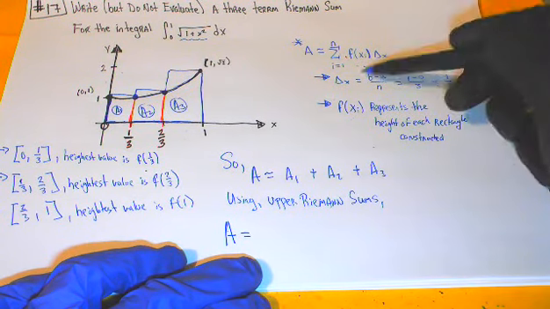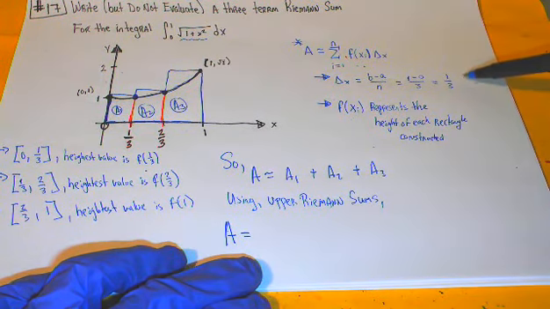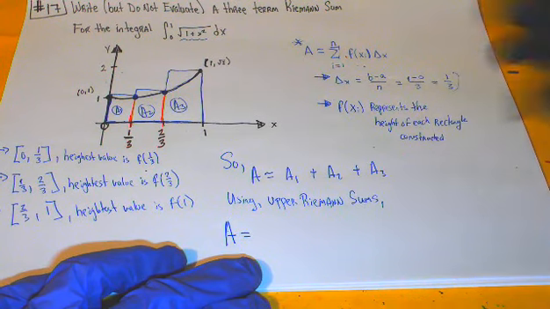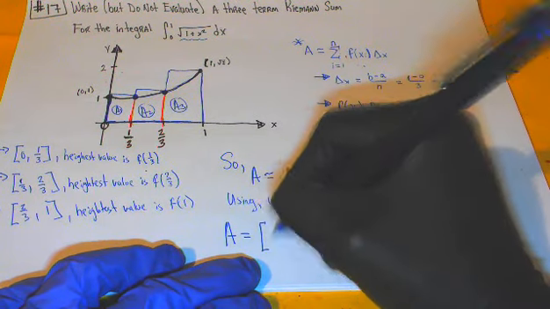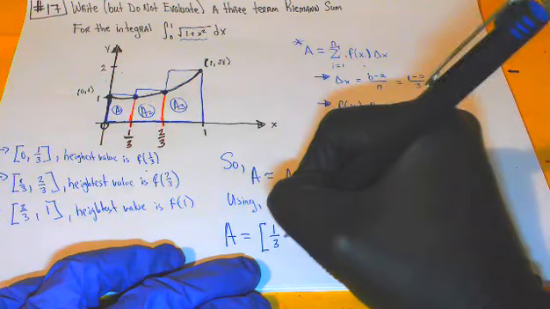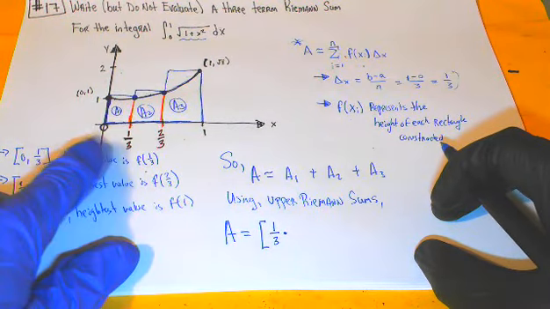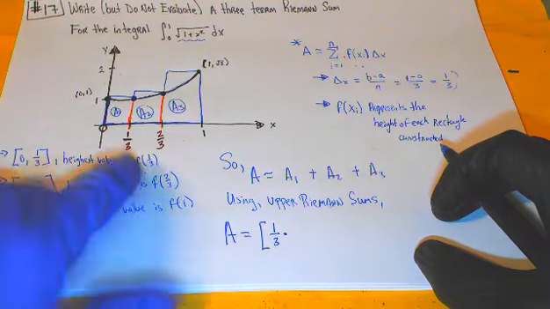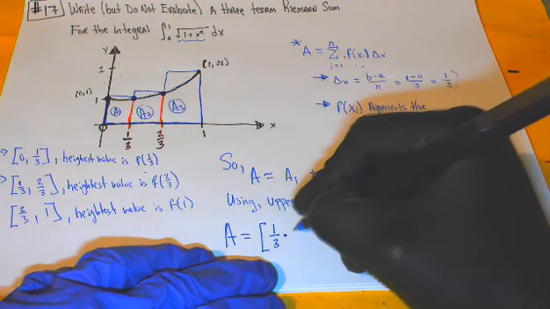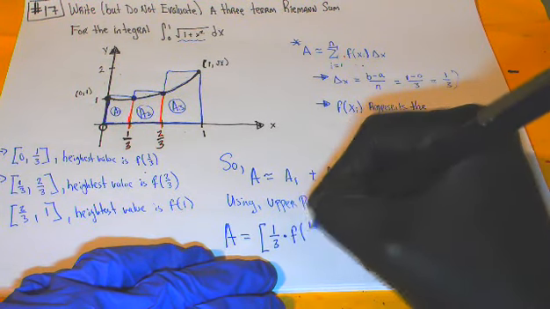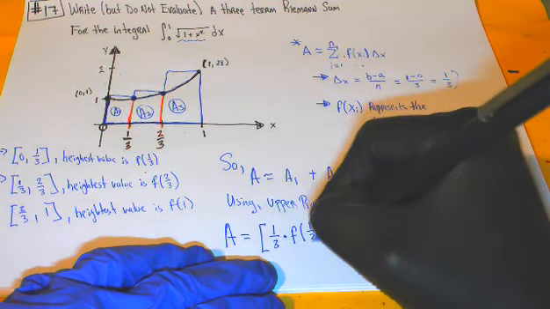Recall, delta x represents the width. Your width is going to be 1/3. So we're going to have 1/3 times the highest value in that first subinterval, from 0 to 1/3. Well, that's f of 1/3. So we're going to have 1/3 times f of 1/3, whatever that is.